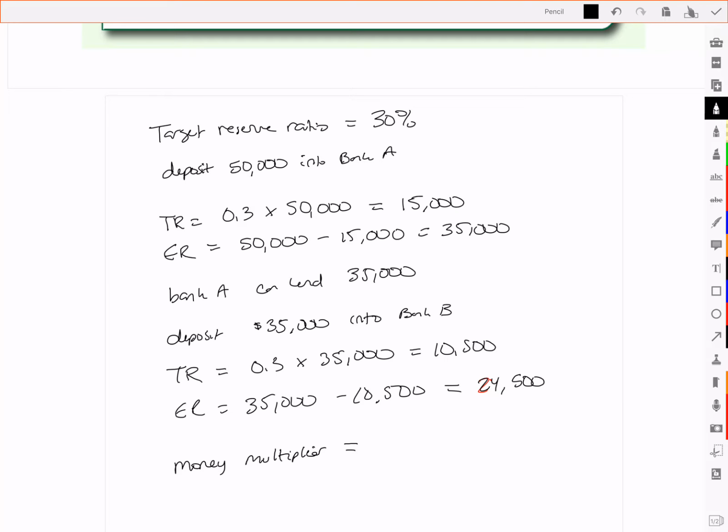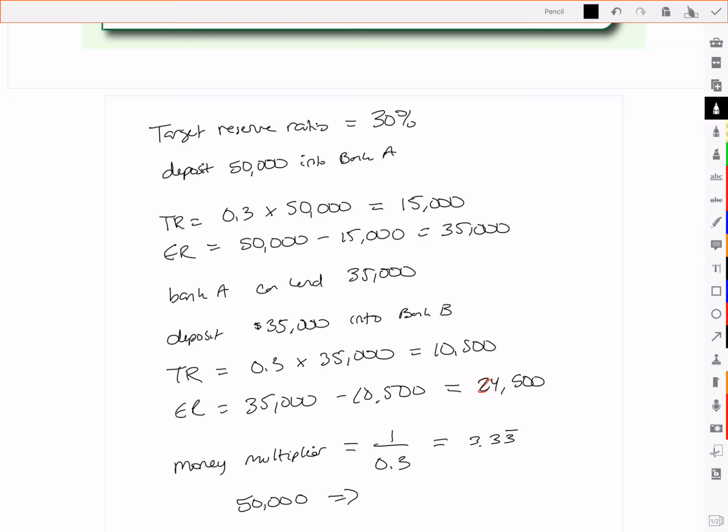So what is the money multiplier? To find our money multiplier, we do 1 divided by the target reserve ratio, so 1 divided by 0.3. And when you do that, you get 3.3333, and it keeps going. So we can put a little line above the 3 to note that that 3 keeps going. So that means that when we deposited the initial 50,000 into a checking account, what happened to the money supply?